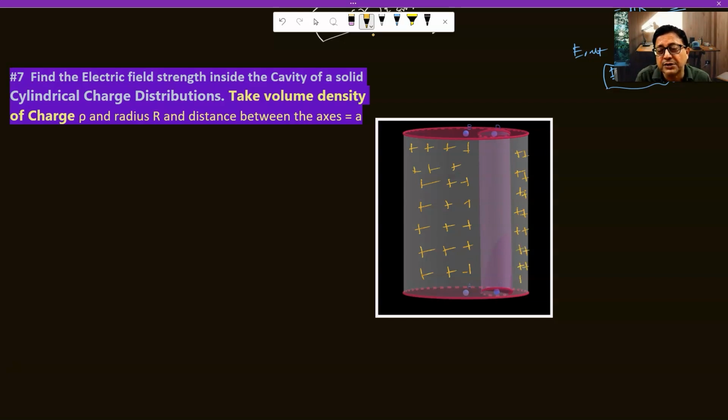The cavity has no charge. Consider the distance between two axes. Let us draw two axes. AB is one axis and this is another one.